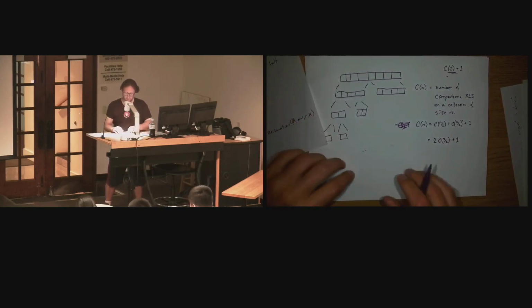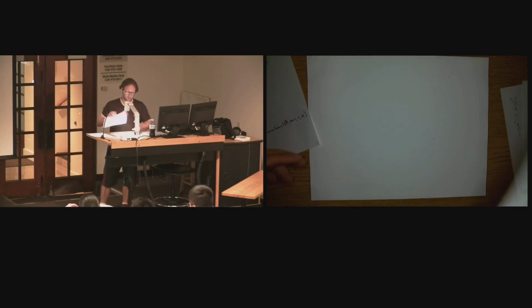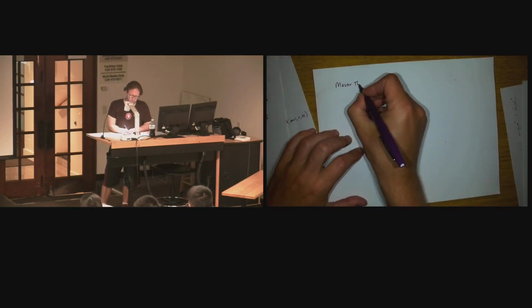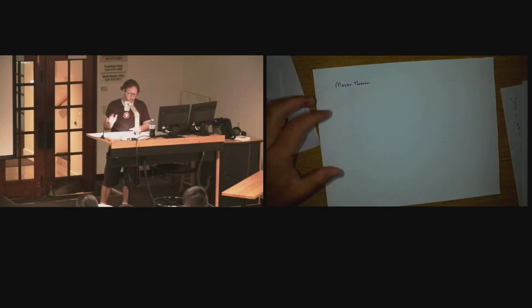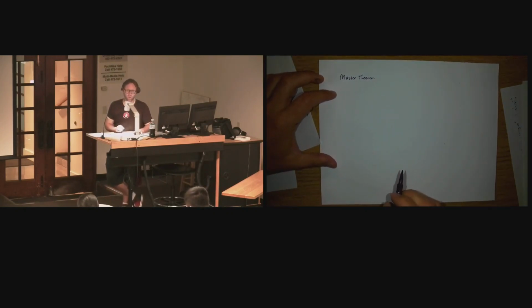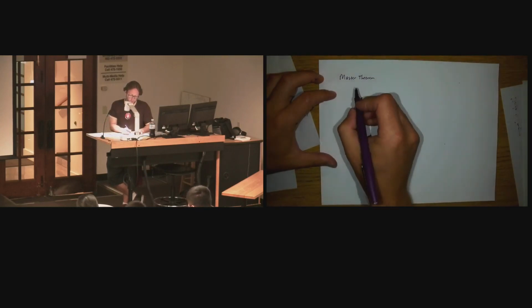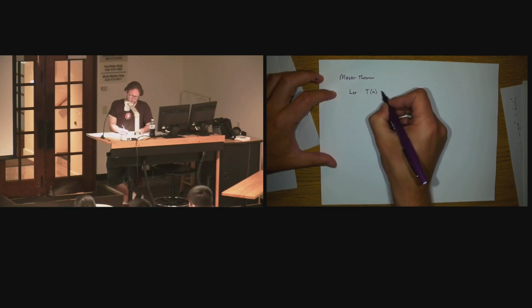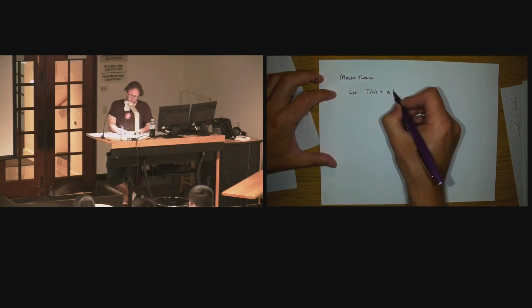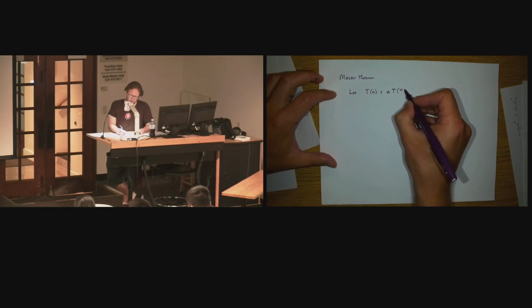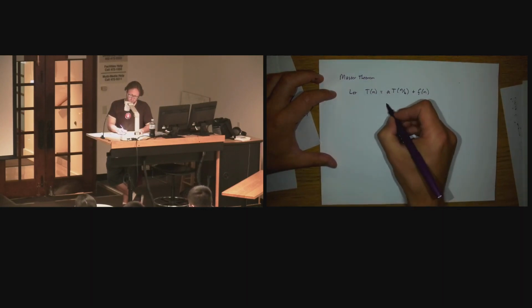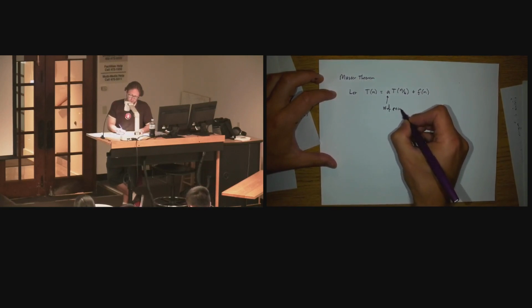Now remember the Master Theorem. Let me go ahead and write it down for you, and then we'll come back over to this. The Master Theorem. I think it's in the note set. If not, then you can always go back to my CS2 book, and it definitely is in there. Let T sub n be a recurrence of the following form: a T sub n divided by b plus f of n, where a corresponds to the number of recursive calls.